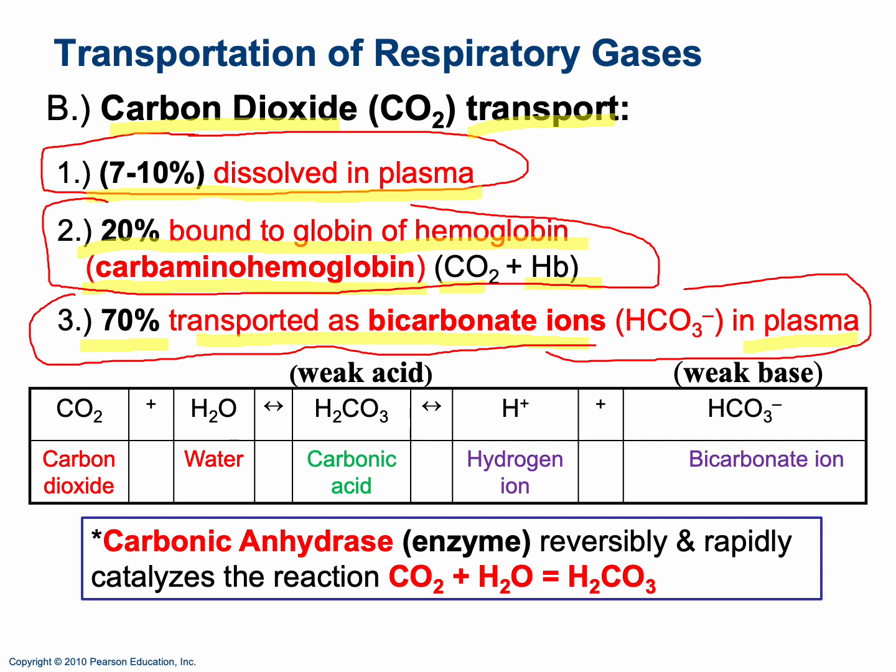So we start with carbon dioxide gas, CO2, and that will combine with water. When that happens, then you form H2CO3. This is known as carbonic acid. This is a weak acid, okay? A weak acid, carbonic acid.